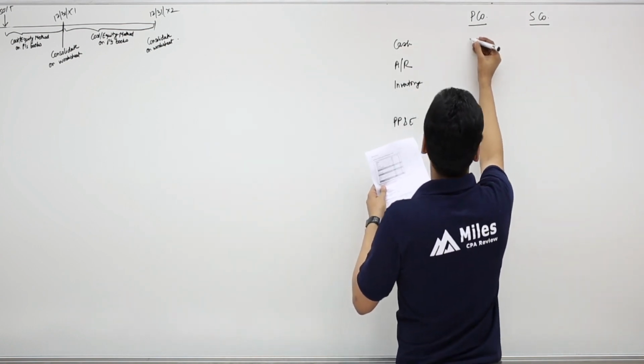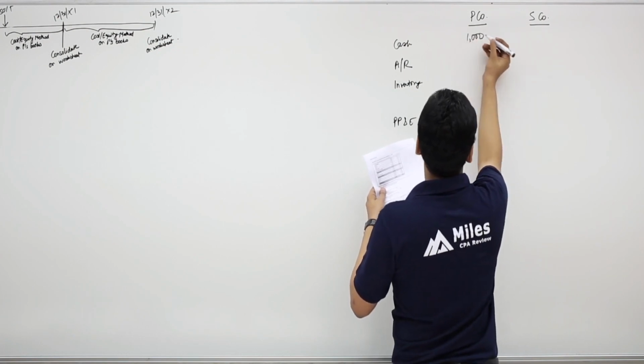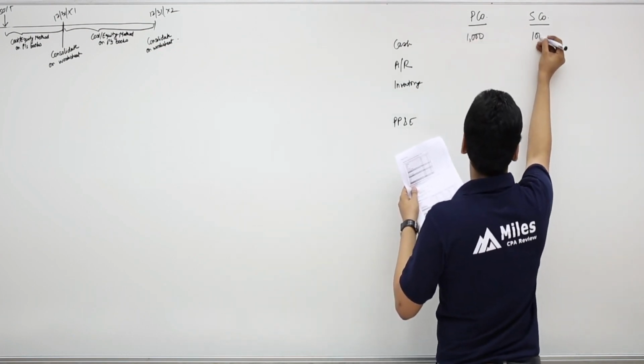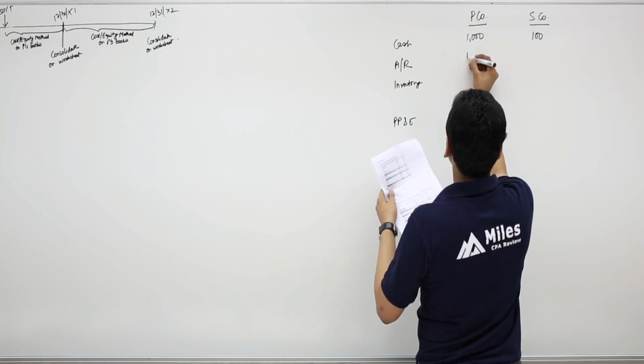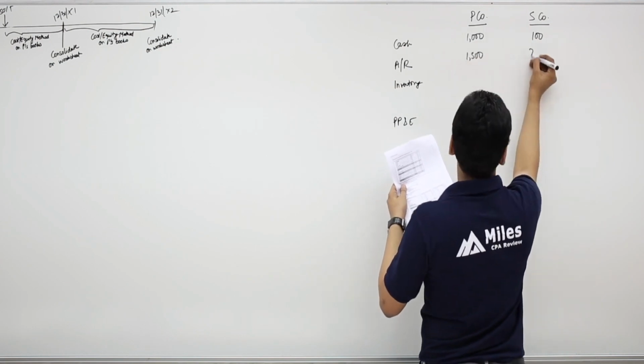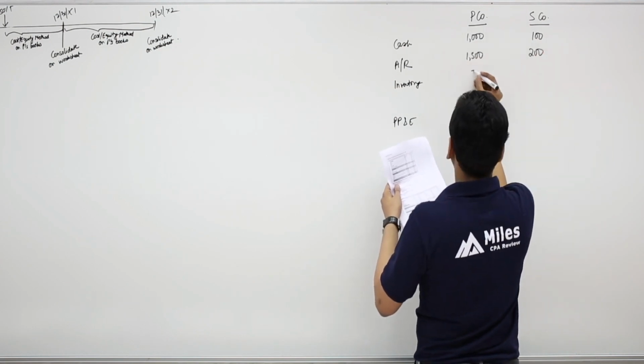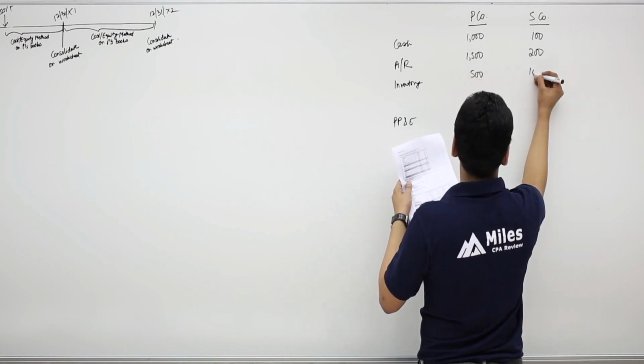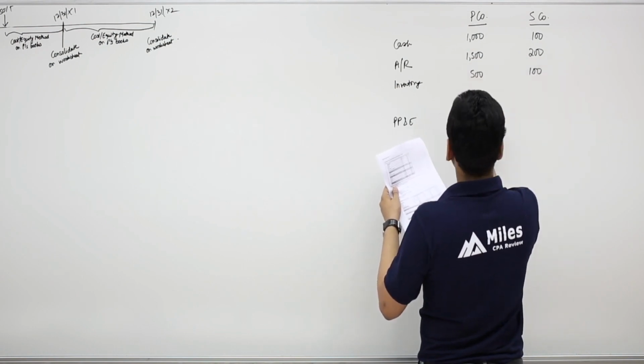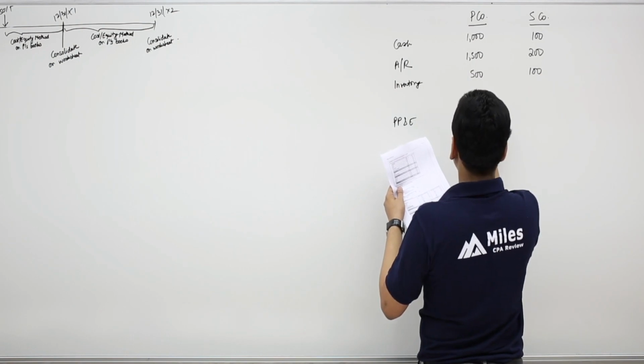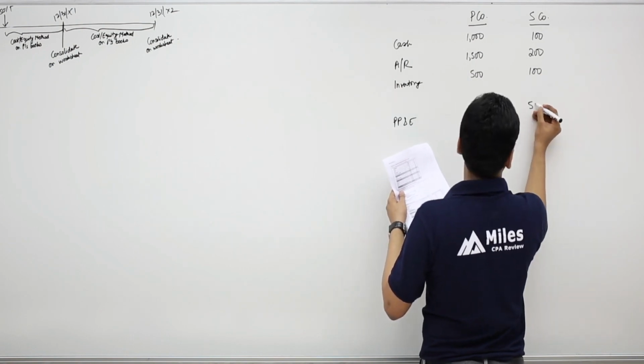The parent has cash of $1,000. Subsidiary has only $100, smaller company. Receivables of the parent, $1,500, subsidiary $200. Parent has inventory of $500, subsidiary $100. Equipment of the parent, book value $8,000, subsidiary $500.